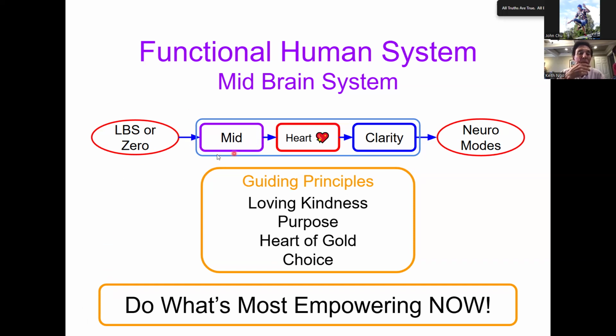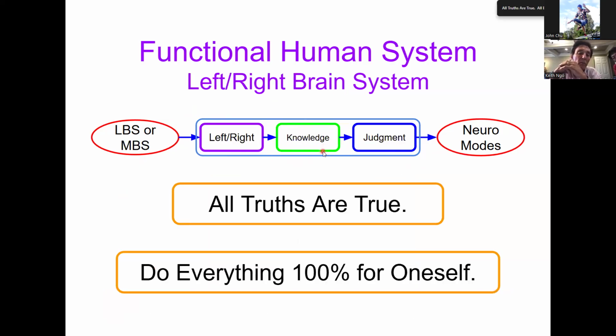So our midbrain and our heart, with all its power, its function is purely to do what's most empowering. It's not to do what's right, because what's right is in the database, in the moral code that we learned or were drilled and conditioned with. Left and right brain are incredibly powerful. The whole world, since kindergarten, basically educates our left and right brain and says all the other brains are useless.